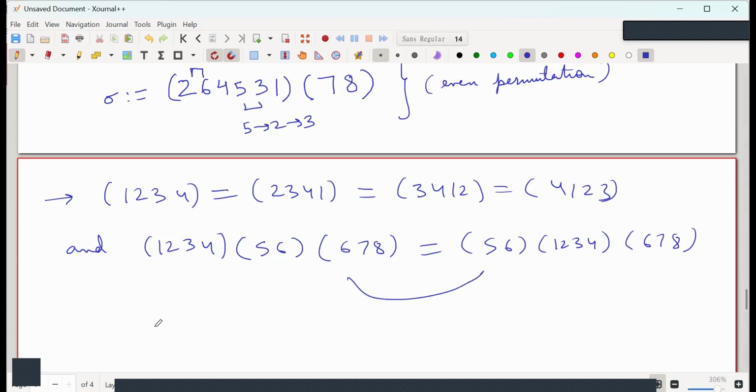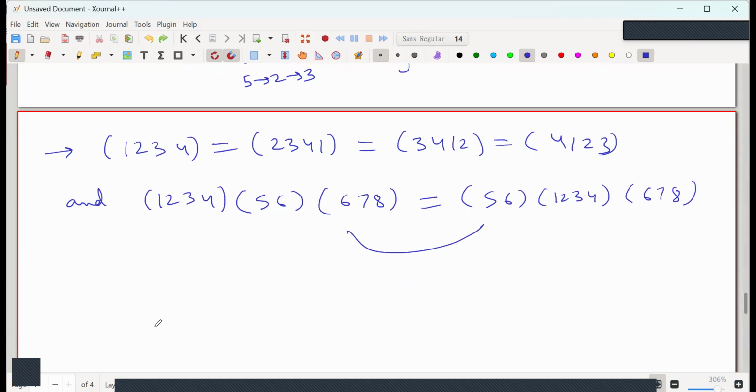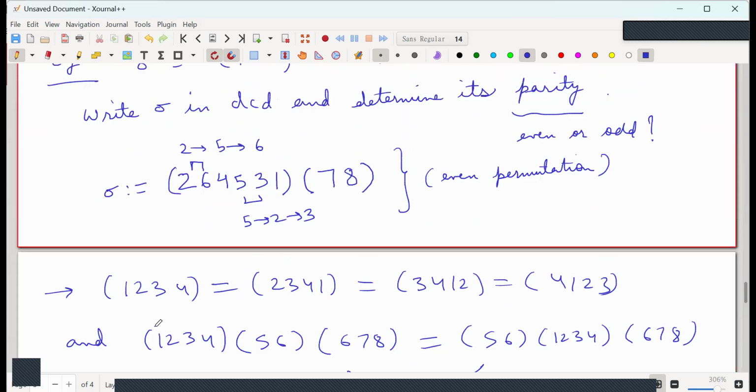So disjoint cycles commute. You can check that. Disjoint cycles commute. So that's why the order doesn't matter.